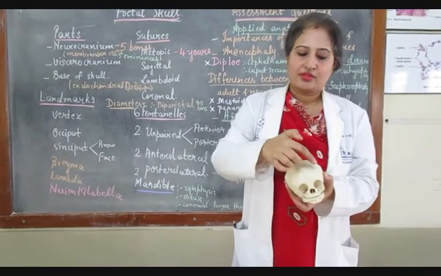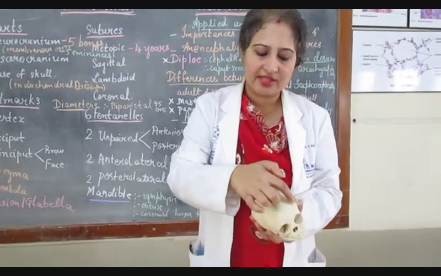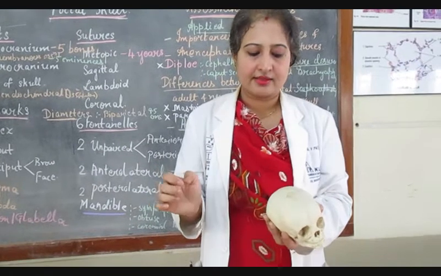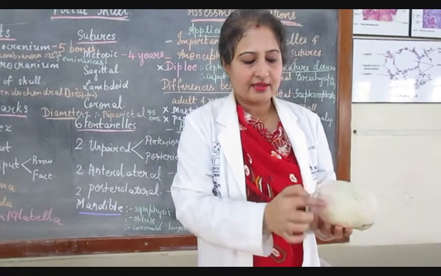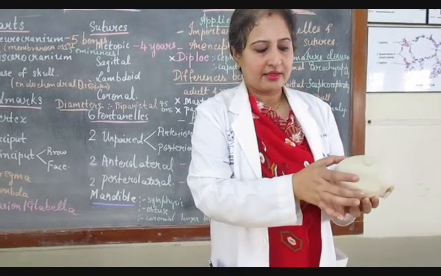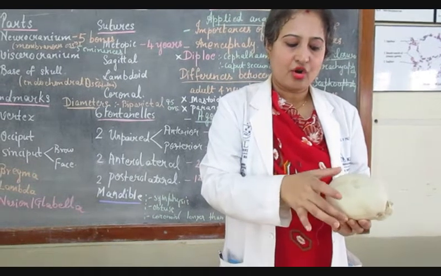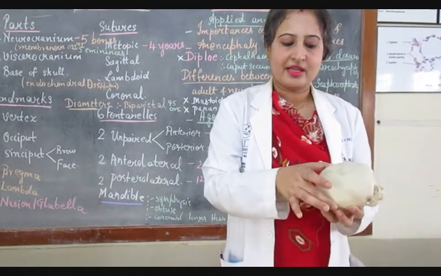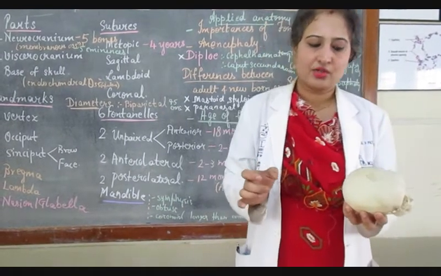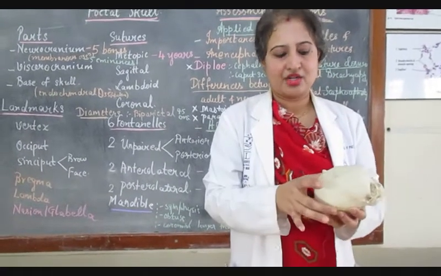Now the five bones which form the neurocranium are two frontal bones, and these are the two frontal eminences, and the two parietal bones, and these are the two parietal eminences, that is the projecting part here, which is called the eminence. And this interparietal diameter or biparietal diameter is the widest diameter of the fetal skull, which is 9.5 centimeters, and the skull is very large compared to the fetal body.